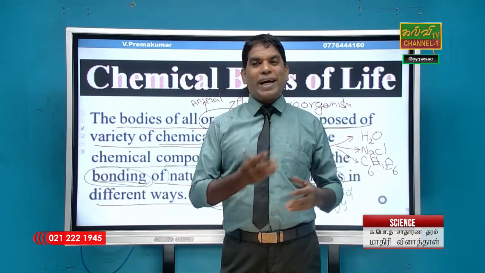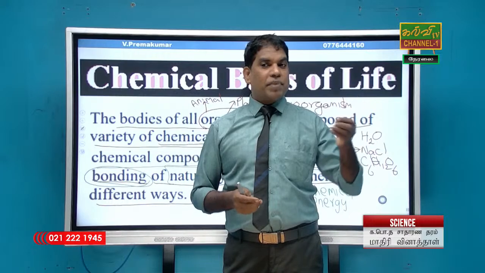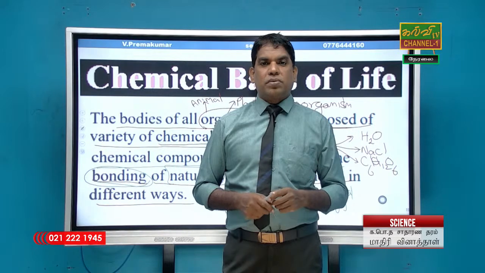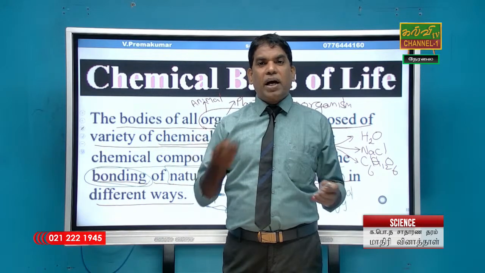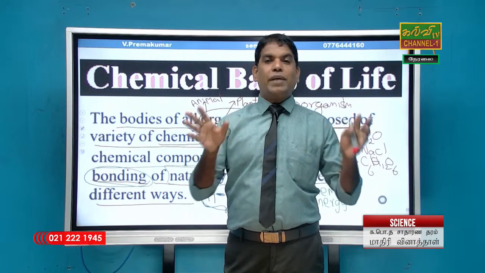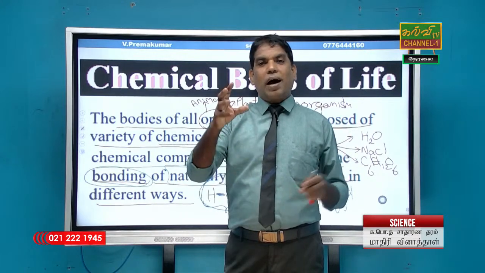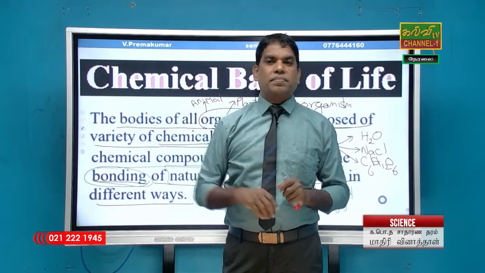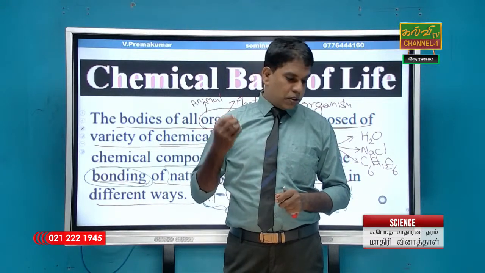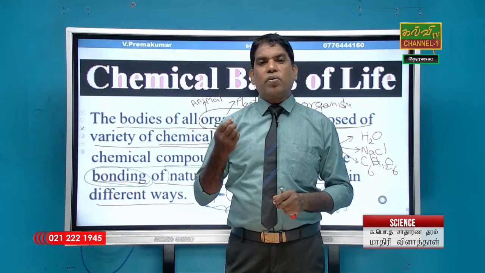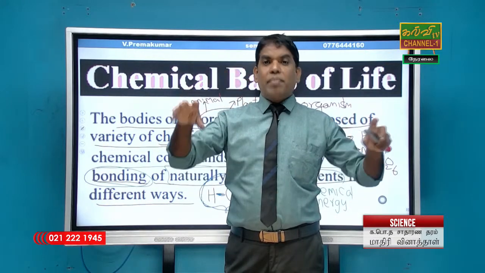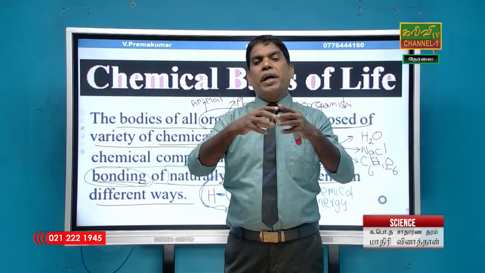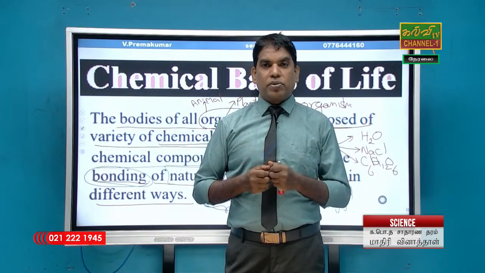When you burn wood, it gives a black substance, which is carbon. When we burn carbon in our atmosphere, the carbon combines with oxygen and changes into carbon dioxide gas. This is combustion. So you can understand the elements existing in our surroundings can combine and make compounds.